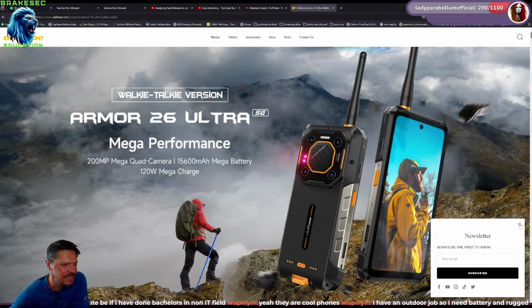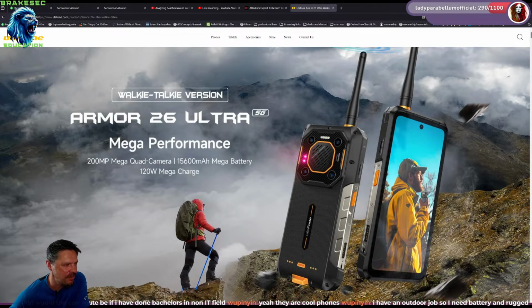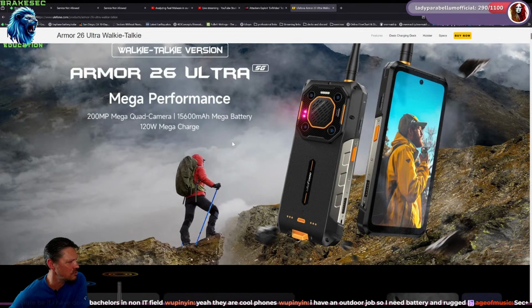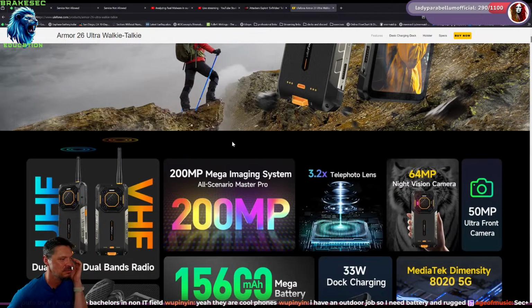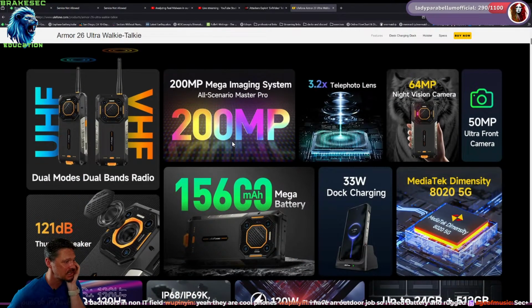So, Killer Donny, I have an outdoor job, so you need battery and rugged. I can see that. I would also, you know, want a solar panel or something like that to be able to charge it. It's got a big ass battery, 15600 milliamp hour mega battery, 120 watt mega charge. Holy shit. They got a lot of colorful things here.